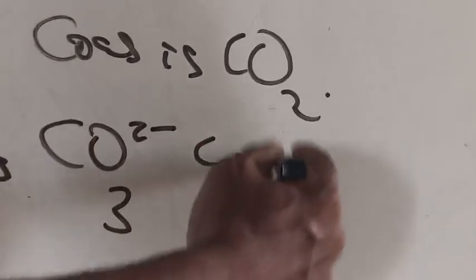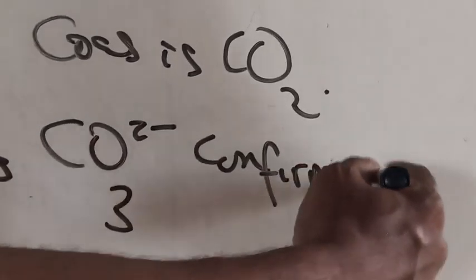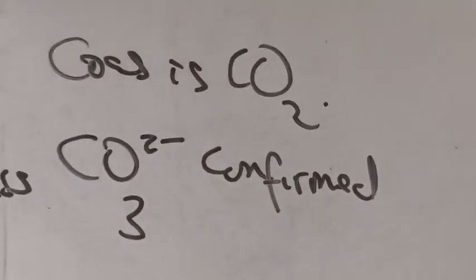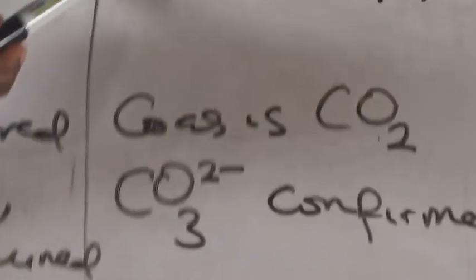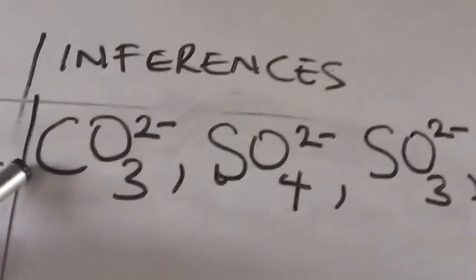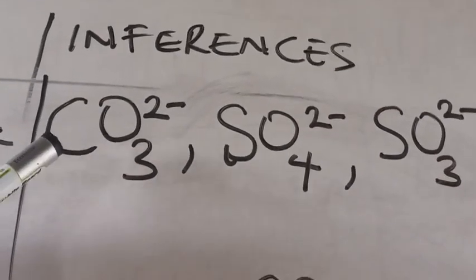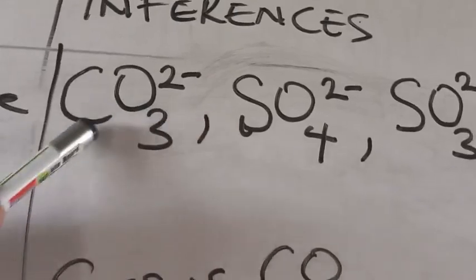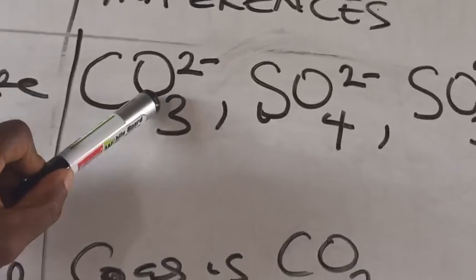So now right here, the gas is CO2 and then the CO3 2 minus compound. So when you are writing the formula for gases or ions, they go up there. Be very careful how you write formulas. Very important before you fail. So the elements in ions are always in capital letters because they are different elements. This C is a different element from oxygen.